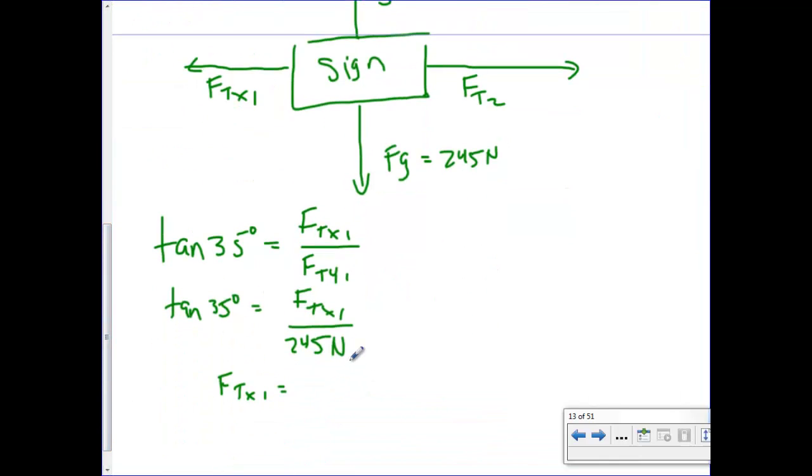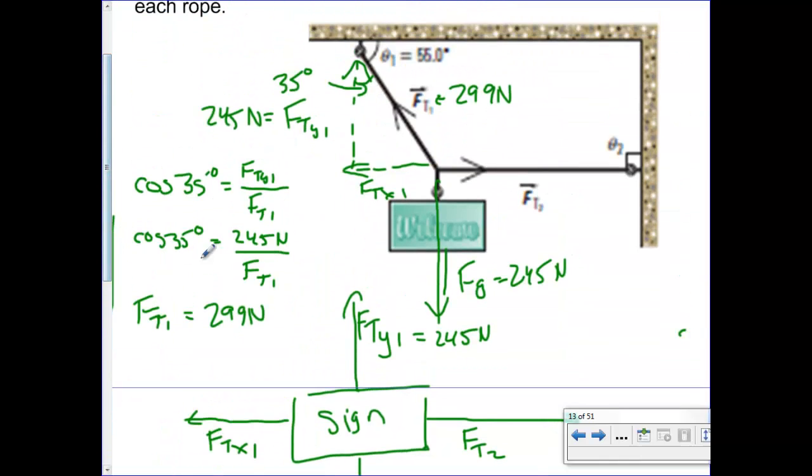I got 172 newtons then. So, if you are using a rounded value, just make sure you use every single decimal number you can. Does that make sense? Okay. So that means that this value right here is 172 newtons.